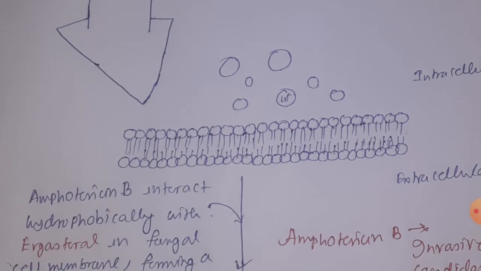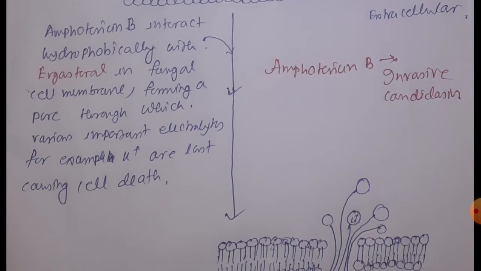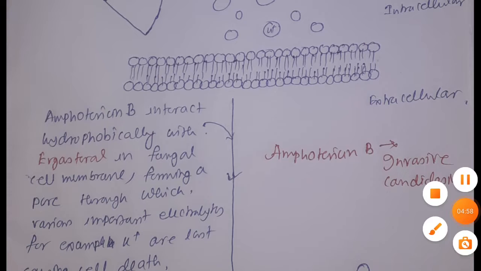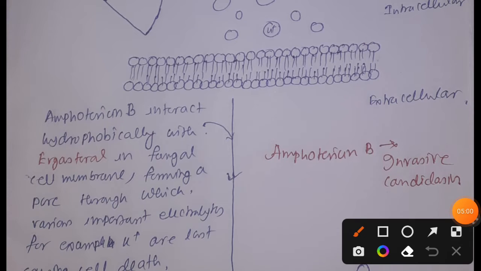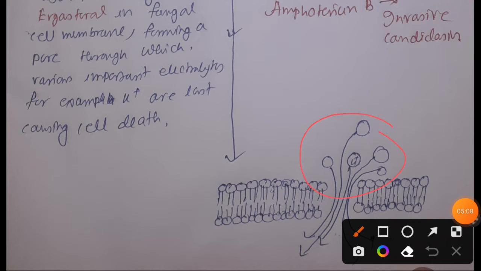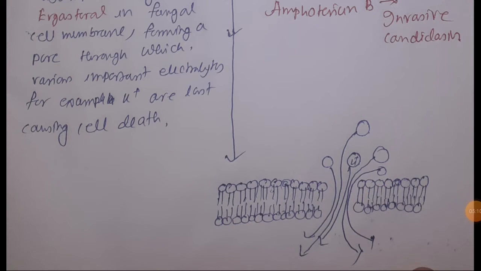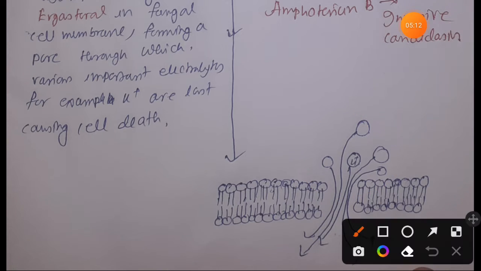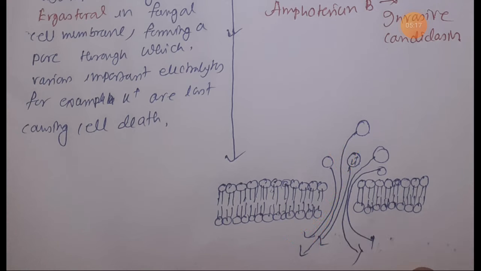Now when we add Amphotericin B, it will hydrophobically interact with ergosterol and create a pore in the cell membrane. As a result, all the ions in the intracellular part will be released into the extracellular environment, and those ions get lost.